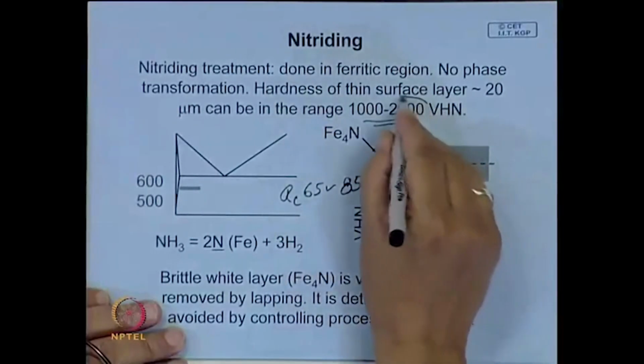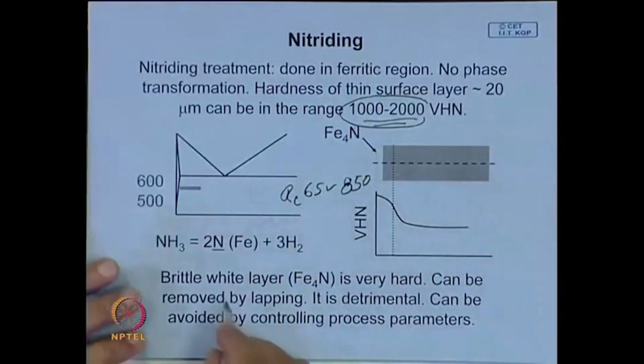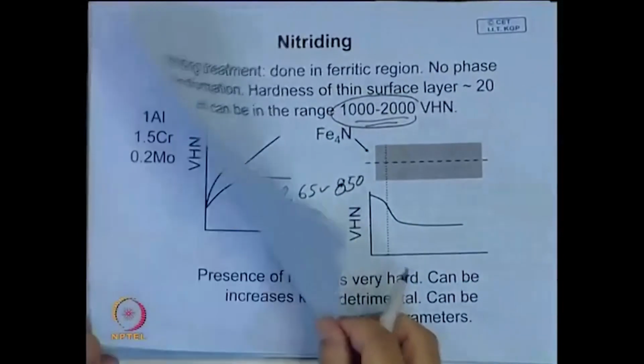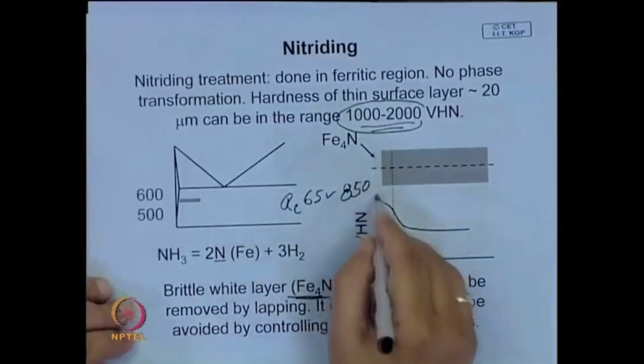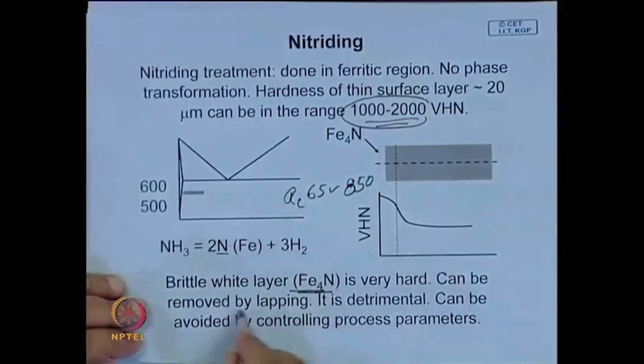So, imagine by this you can increase the surface hardness to a very high level, but often you can form a brittle nitride layer, which is harmful, but you can control this by controlling the process. Even if it has formed, later on by lapping or polishing it can be removed.